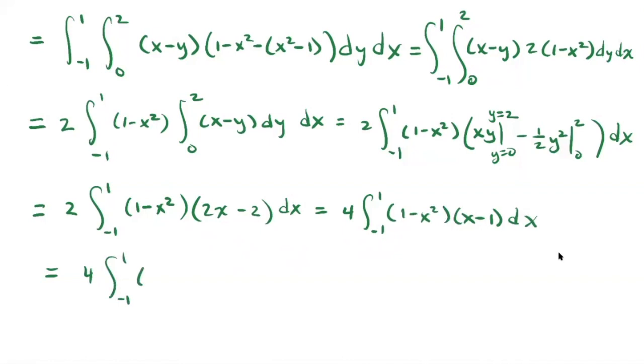So you're going to have an x minus x to the third, and then plus x squared, and minus 1. This part is the odd part, so the odd part goes to 0.